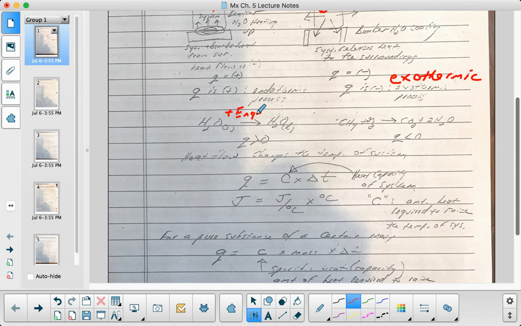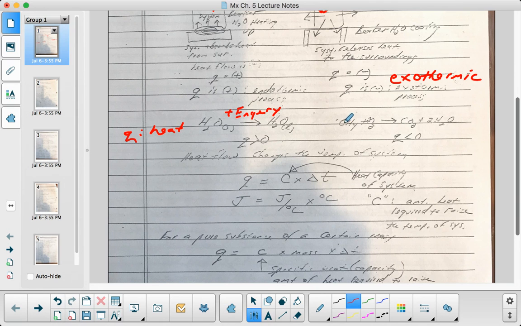And so we call that process an endothermic process because it takes energy in. Q is the variable that we use to describe heat. And heat flow away from the system is negative, into the system is positive.